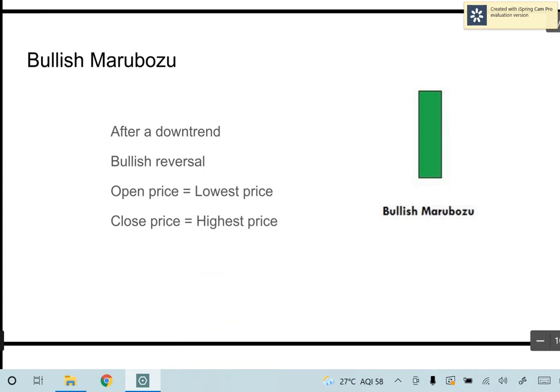Okay, what is meant by bullish Marubozu? This is the bullish Marubozu candle. This candle will form after a downtrend. For example, the candle will be like this. Here the trend is a downtrend. The bullish Marubozu candle will form here.